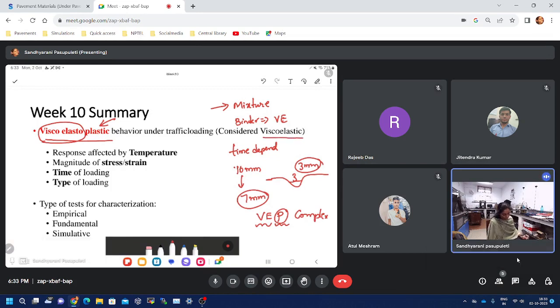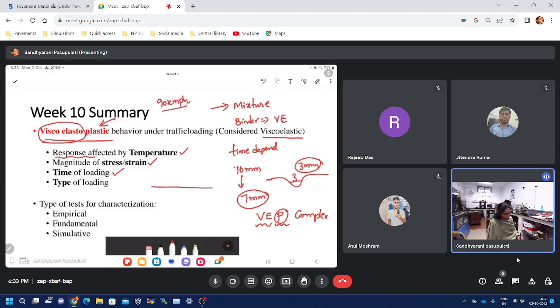This is our assumption. If we take asphalt mixtures, their response is affected by temperature and stress or strain. If I keep applying more stress, the strain observed would be more. In the same way, in controlled strain experiments, if I apply more strain, we can observe more stress. And also the time of loading. How do we link this with time of loading? Let us say the wheel load is moving at 90 kilometers per hour.